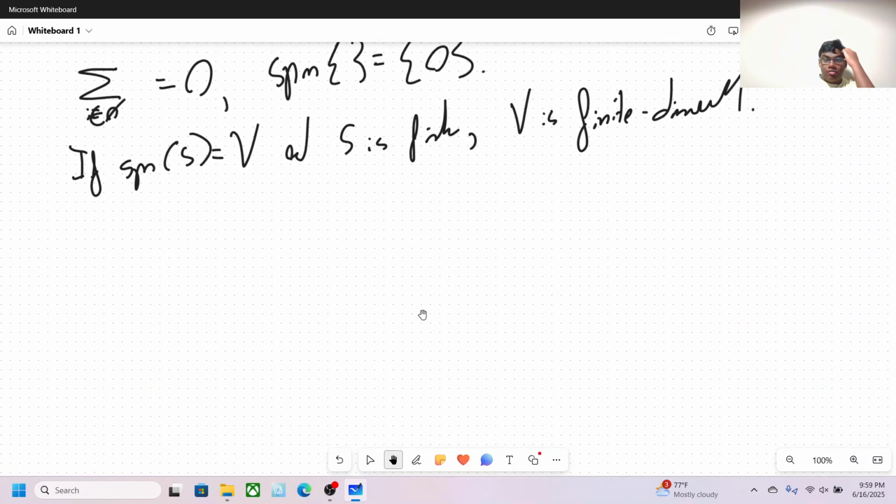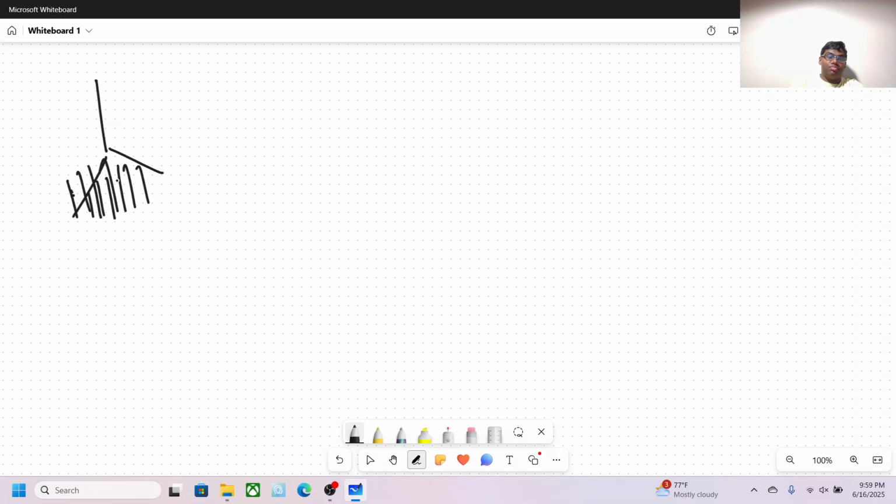So maybe now let's take a little breather from these ideas of span and talk about something a little more concrete. Now that we have subspaces, spaces that live inside of vector spaces, such as this plane inside of R3, can we add subspaces? Since they live inside of it, can we put them together to get back R3? The example here is to take R3 and take the z line.